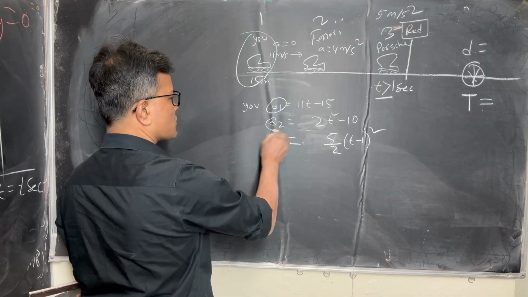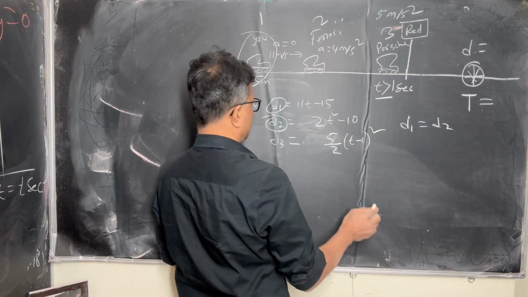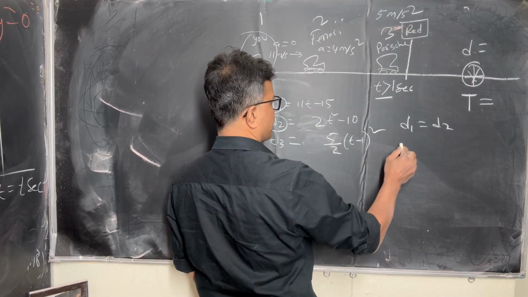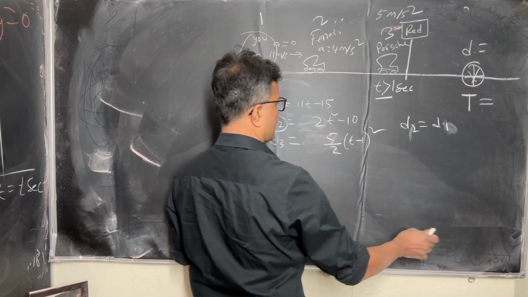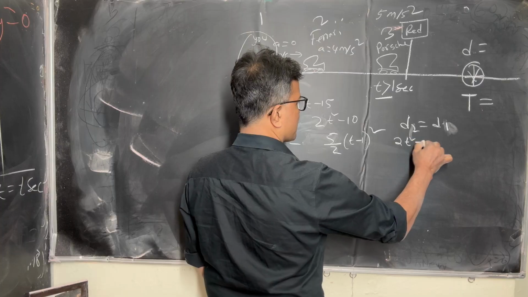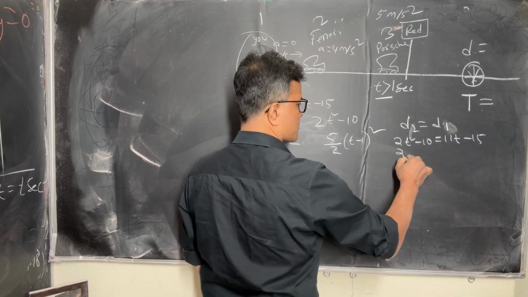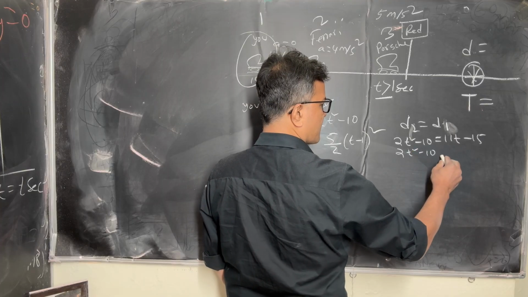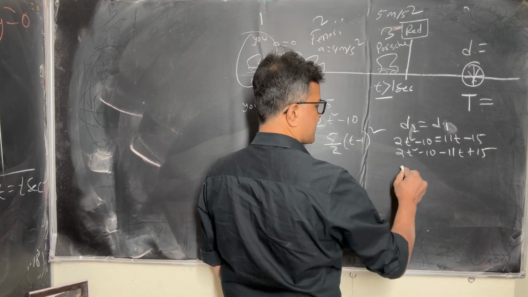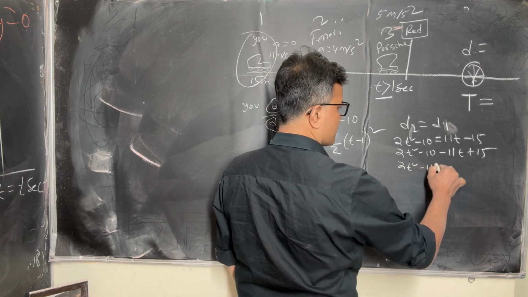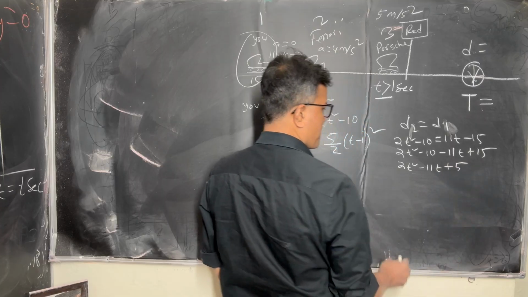So D1 is equal to D2. Let's write D2 is equal to D1. 2t squared minus 10 is equal to 11t minus 15. So 2t squared minus 10 minus 11t plus 15. So 2t squared minus 11t plus 5.